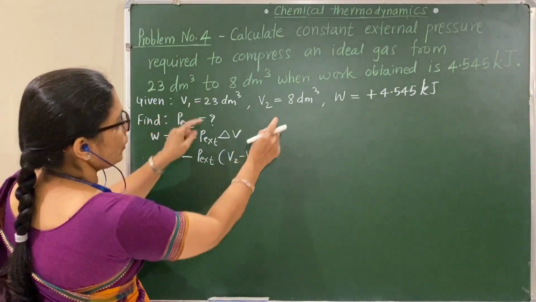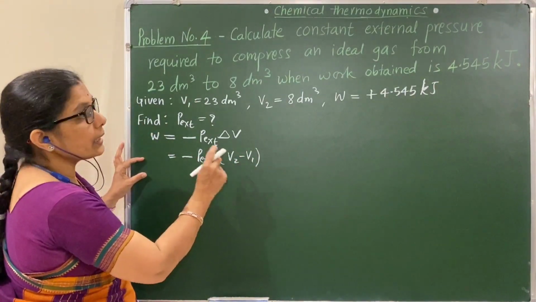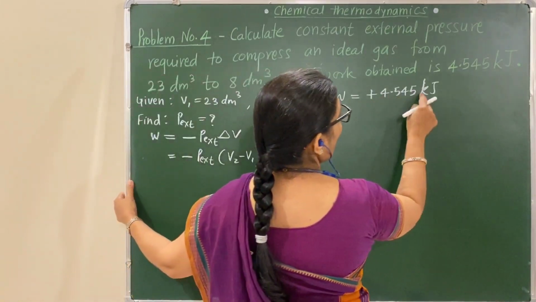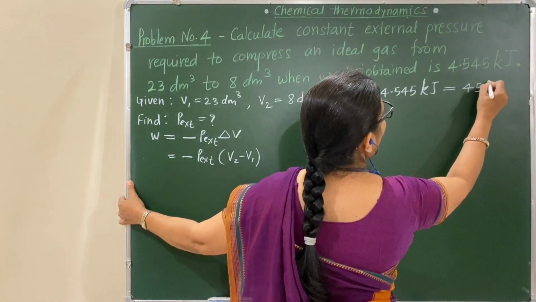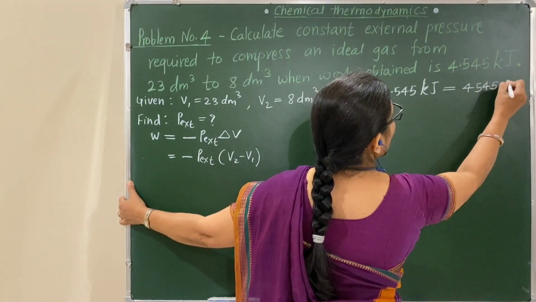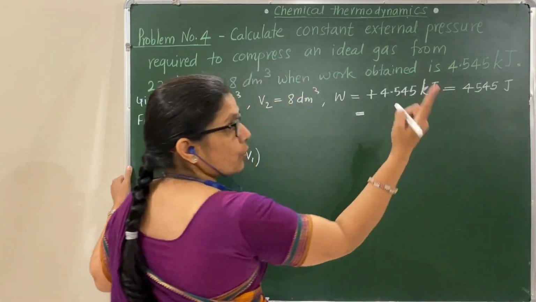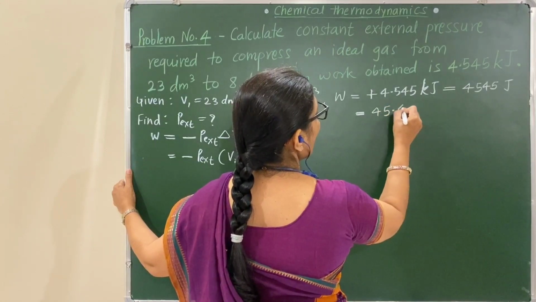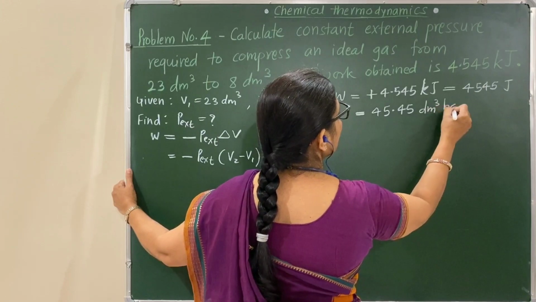Volumes are in dm cube, so work is in dm cube bar. Therefore, 4.545 kilojoule is equal to 4545 joule, and dividing joule by 100 gives dm cube bar, that is 45.45 dm cube bar.